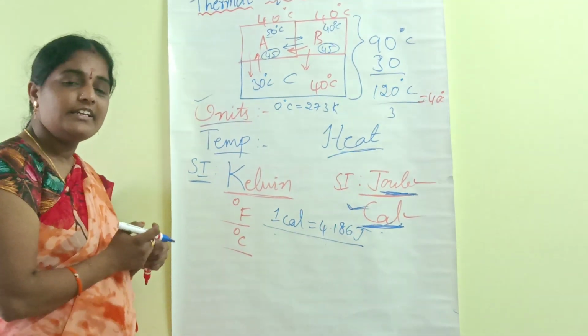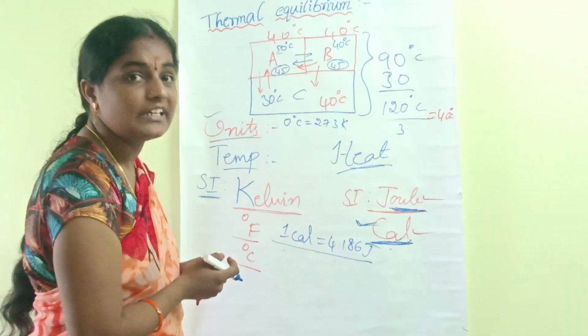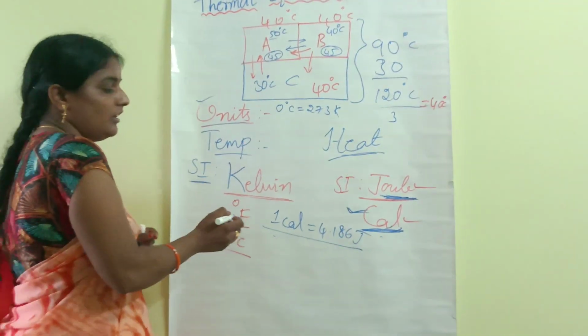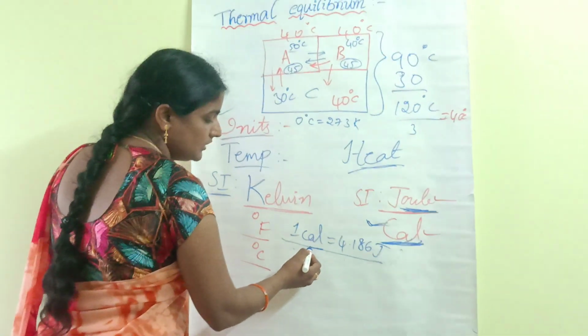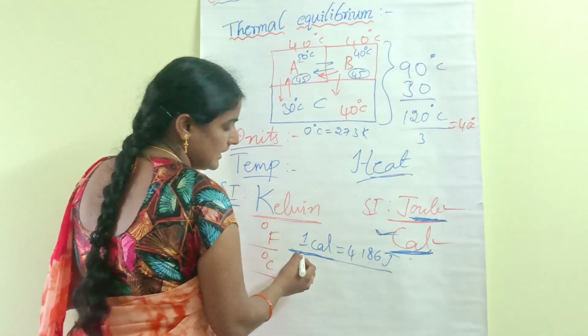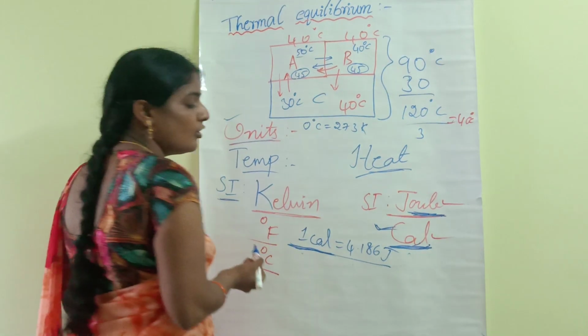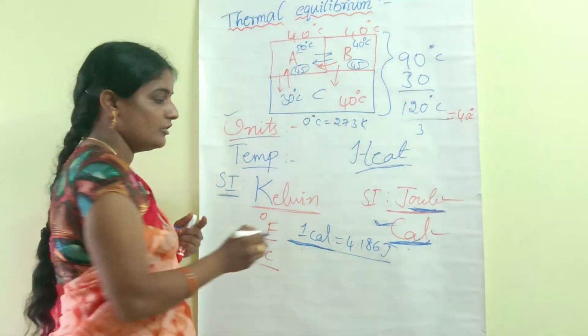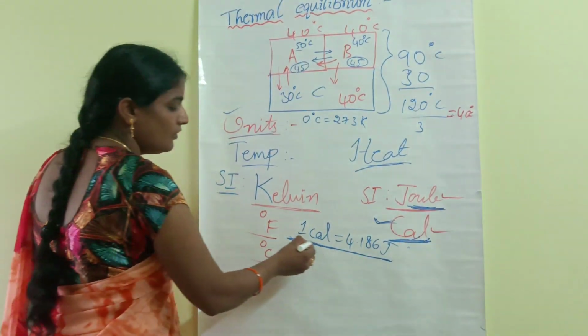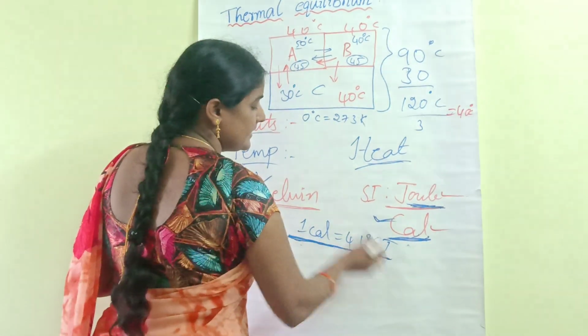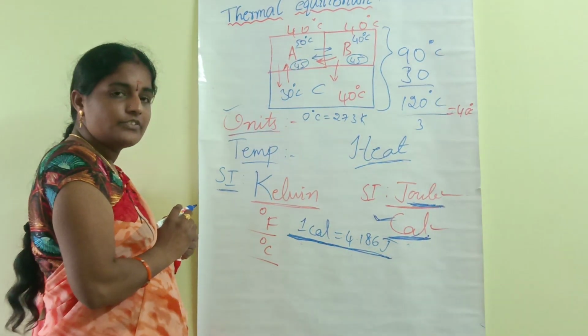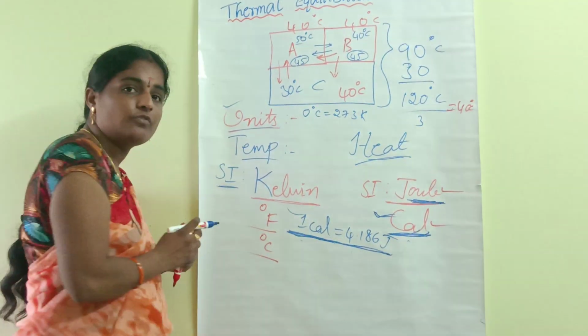In the same way there are some small derivations for this too, but you don't need all that. The value is given directly in your textbook. 1 calorie is equal to 4.186 joules. Important in terms of bits.